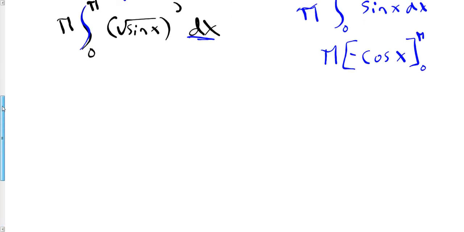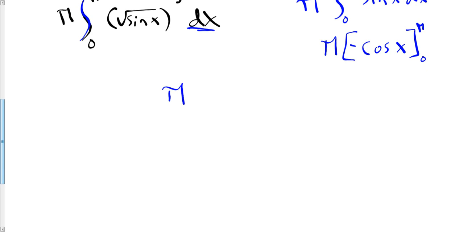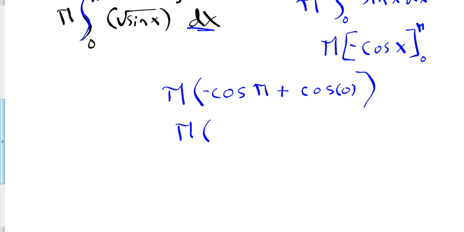We're just going to have to plug in. So it's going to be pi times negative cosine of pi minus negative cosine of 0. We have negative cosine of pi is 1, because cosine of pi is negative 1.